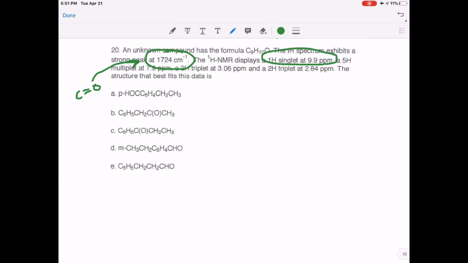So the best thing to do in this case is that we should probably draw out all of these compounds. So for compound A, we have an aromatic ring with an aldehyde group, and an ethyl substituent attached to it.